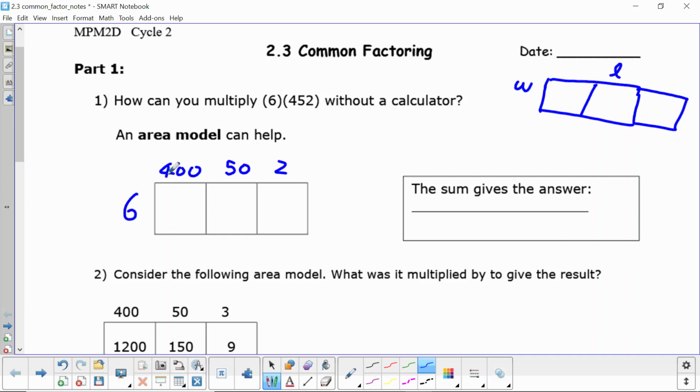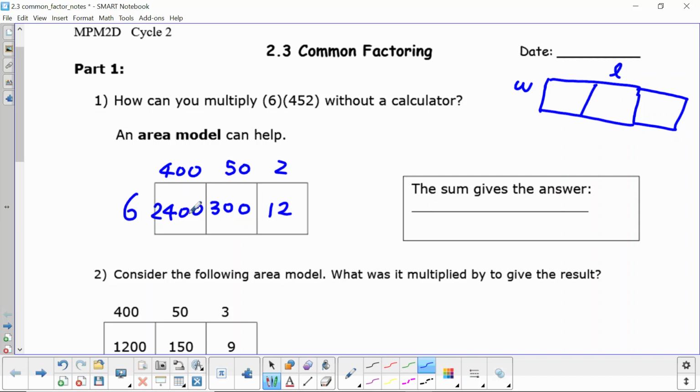By splitting the 452 into 3 parts, we are able to do the multiplication without a calculator. So 6 times 400, you will have 2400. 6 times 50, you will have 300. 2 times 6, you have 12. Then the sum will give you the answer of multiplying 6 with 452.